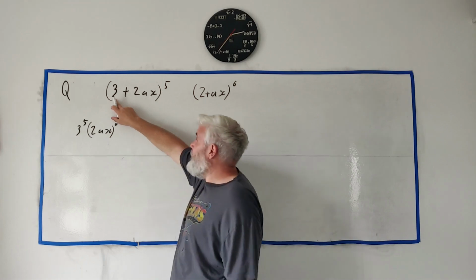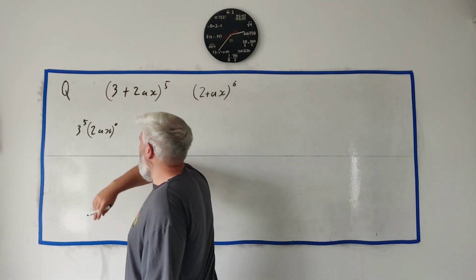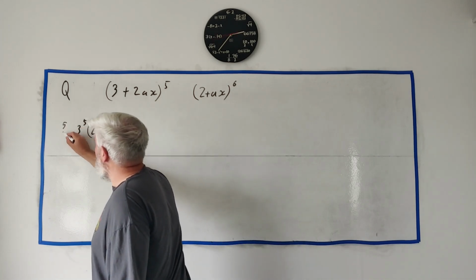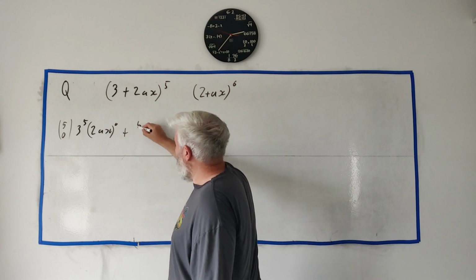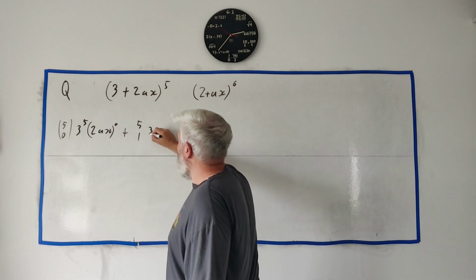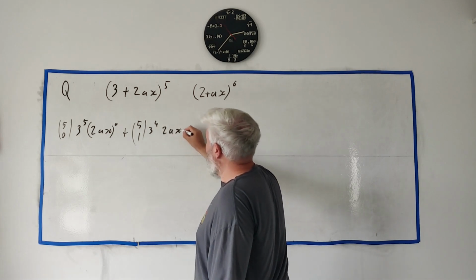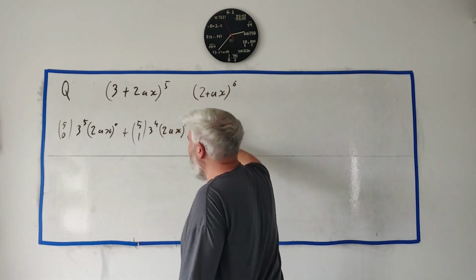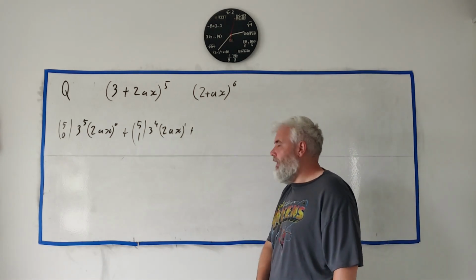So the first term to the power of 5, the second term to the power of 0, and that'll all be multiplied by 5 choose 0, which is just 1. And the next term would be 5 choose 1, 3 to the power of 4, next term 2ax to the power of 1, and so on. That's what the formula gives us.